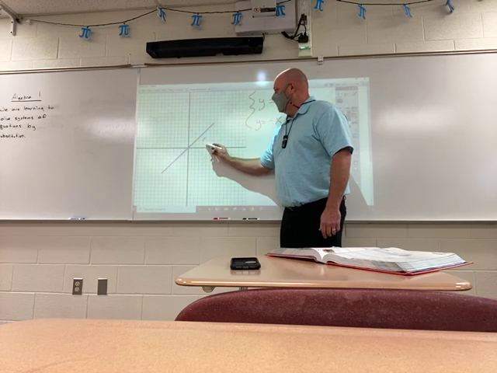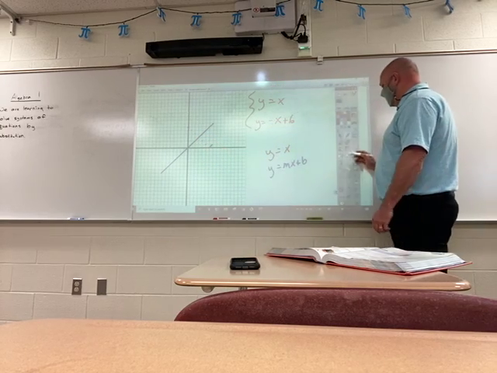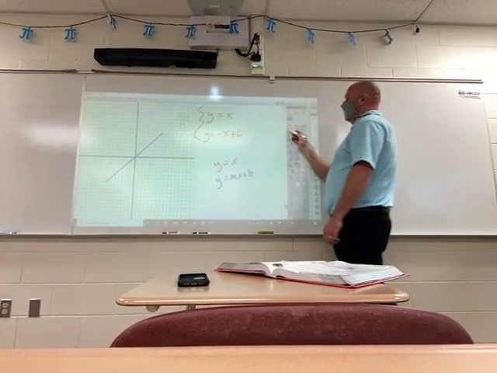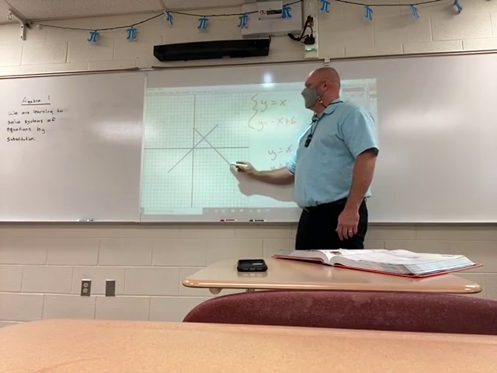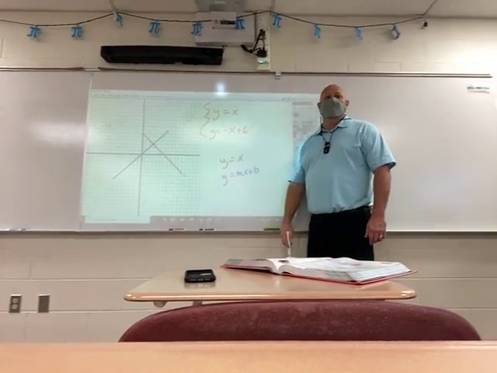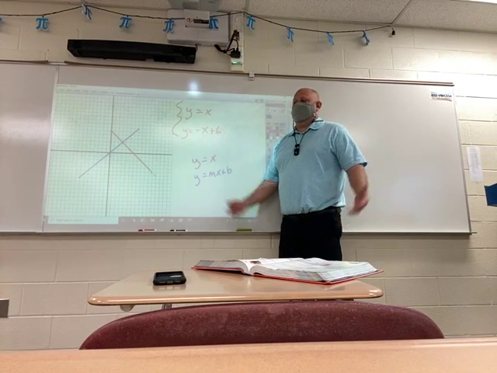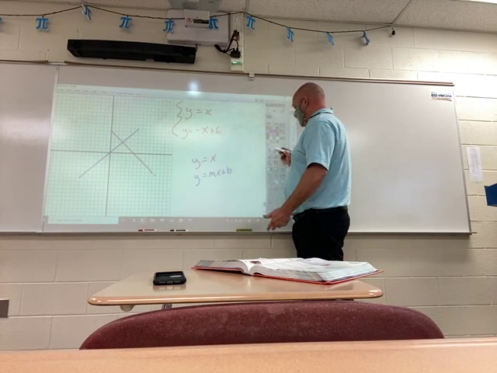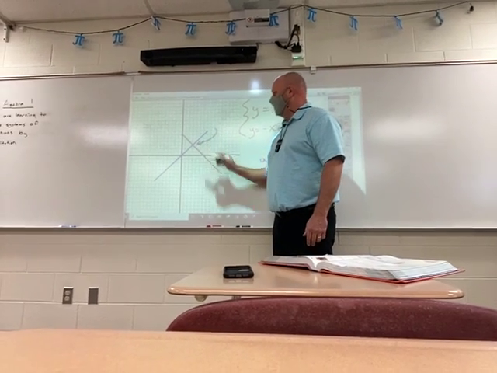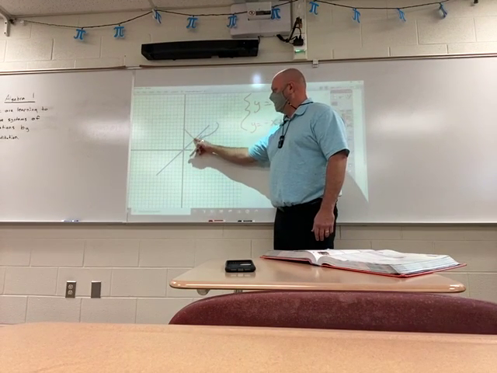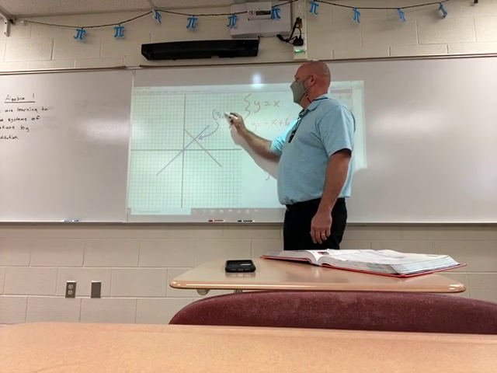So when you solve by graphing, what are we looking for? What's the only thing we want to see? What's the answer? Where they hit. We're looking for the coordinates of that point, which would be 3, 3.